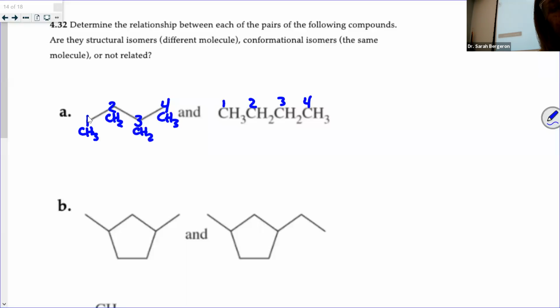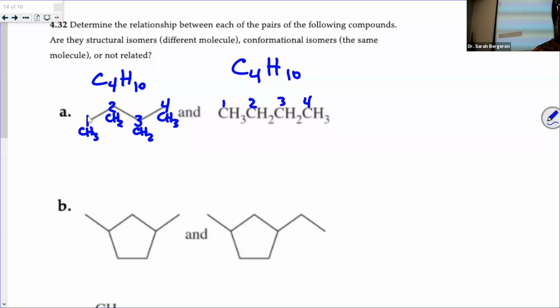So what's my formula? C4H what? Right? 3 on either end, so that's 3, 6, 7, 8, 9, 10. So C4H10.